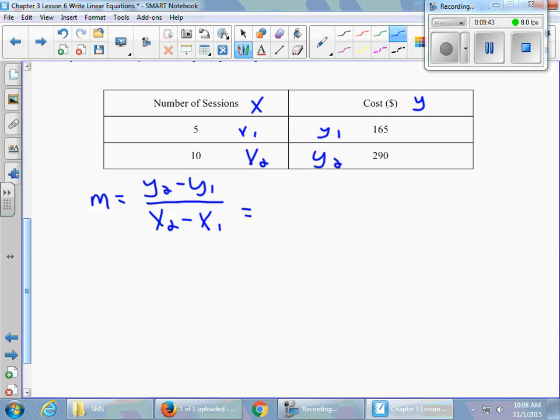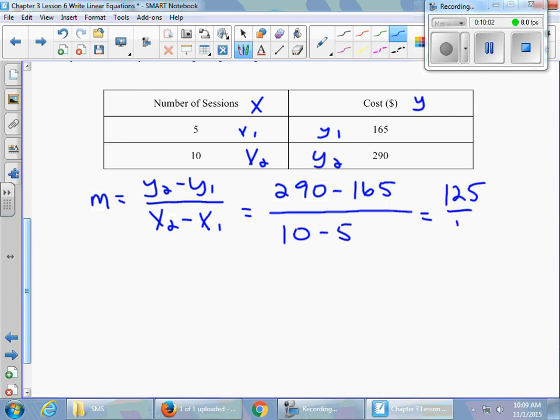And now we'll solve. 290 minus our y1, 165, over 10 minus 5. And we'll work that out in the calculator. And that ends up with 125 over 5. Or we can divide that out evenly. Gives us a slope of 5.